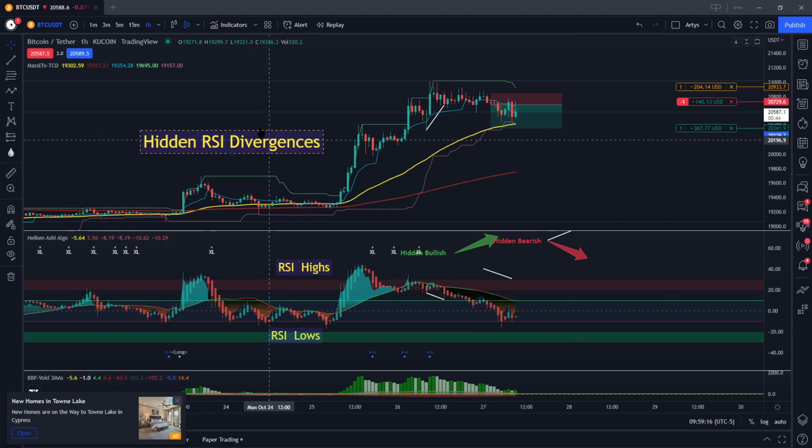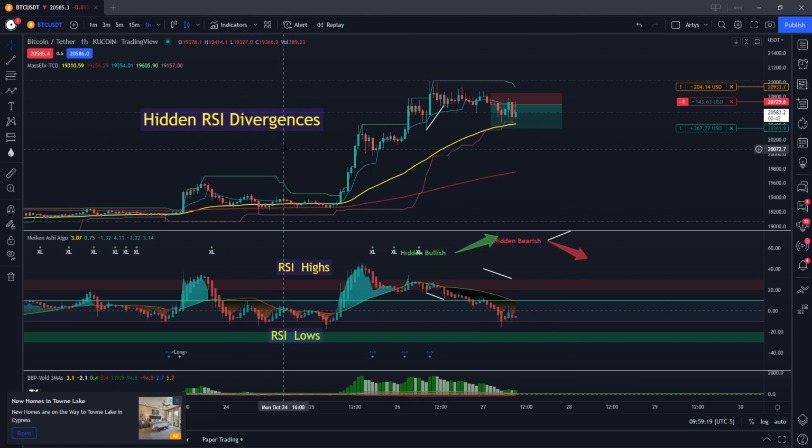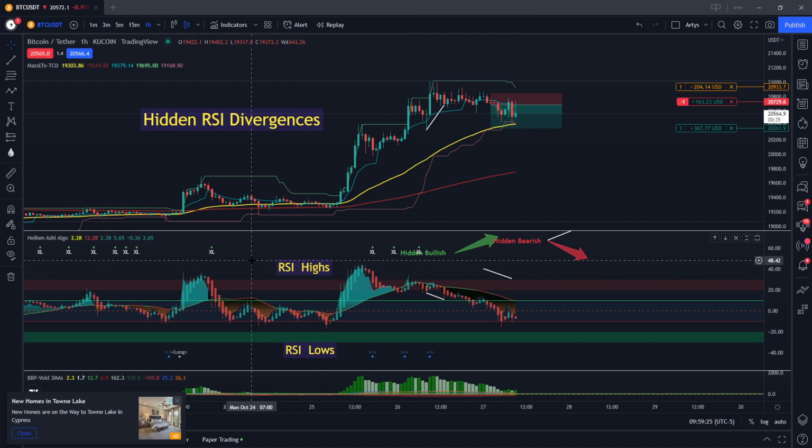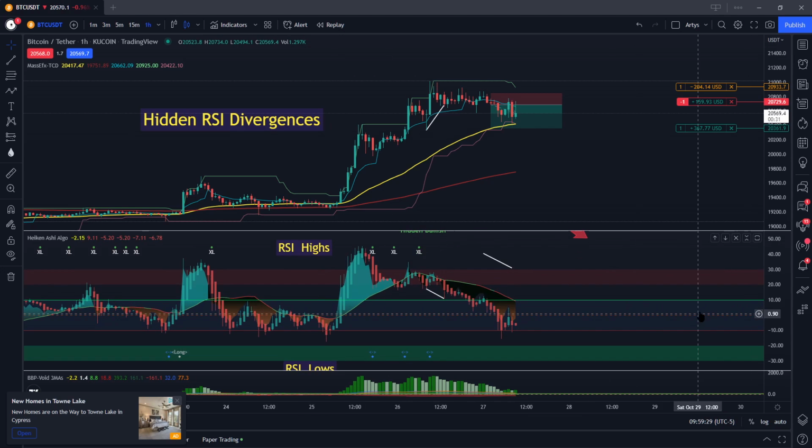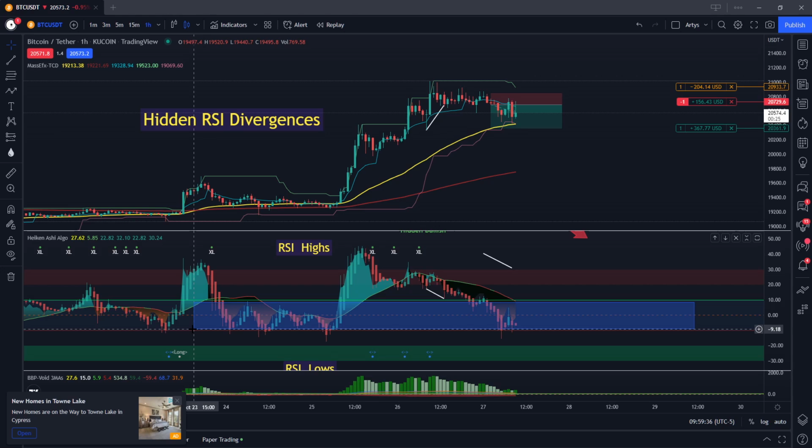Now, hidden RSI divergences are slightly different and mostly the same as regular RSI divergence. In a regular RSI divergence, like I said, you care nothing about what's happening inside this range. Don't worry about the RSI values, the highs and lows inside this range.